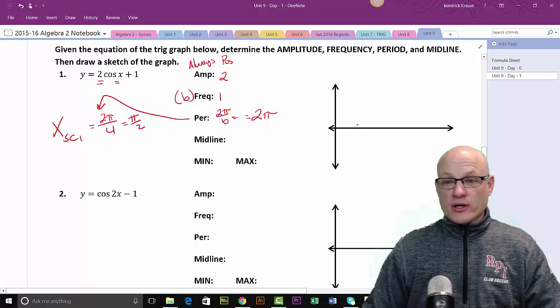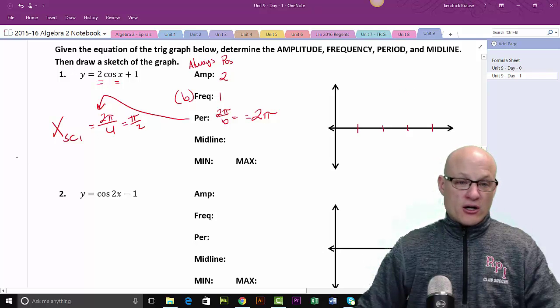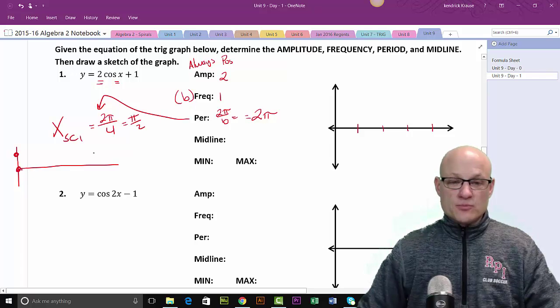Just like before, we're going to need 1, 2, 3, 4. Now those 4 things are, well, clearly we're actually having 5 points. We're going to start at a max. We're going to end at a max. And in the middle is a minimum. And in between those, we'll have zeros. So there's your 4 tick marks.